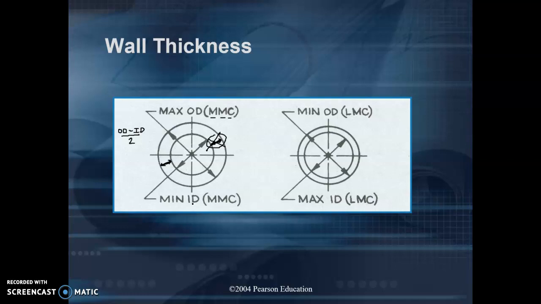We're going to have a minimum inside diameter with a maximum outside diameter. So at MMC, this wall thickness is at its largest. Whereas at LMC, least material condition, we have the minimum outside diameter, and the inside diameter is at its largest. And so at LMC, we have the thinnest allowable wall thickness here.